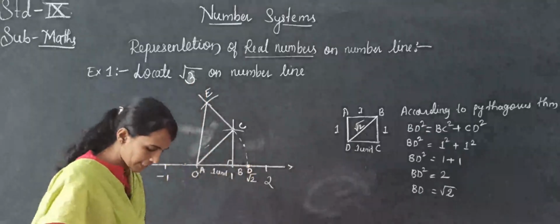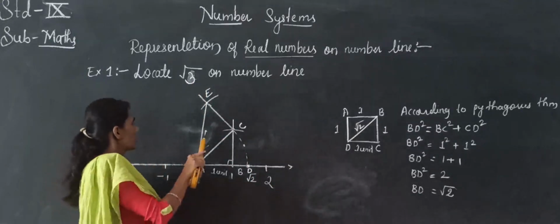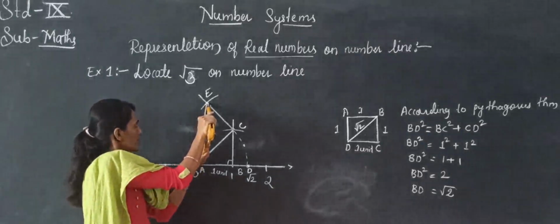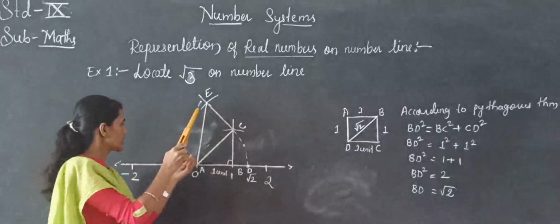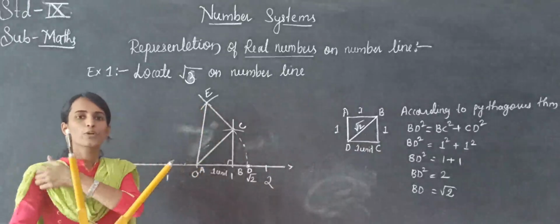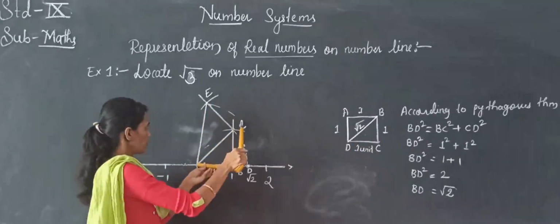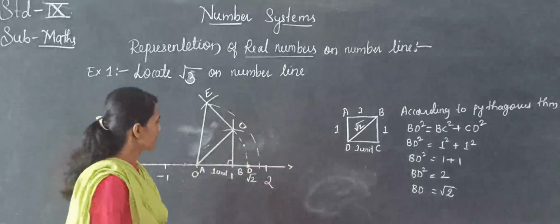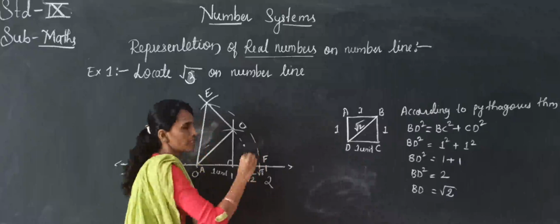So after getting A, take A to C as a radius of a compass. A to C, how much scale is it? That is to be taken as the radius. Take A as a center, and from there you have to draw an arc. Where you get it, you can give a name as F, and it will become root 3.